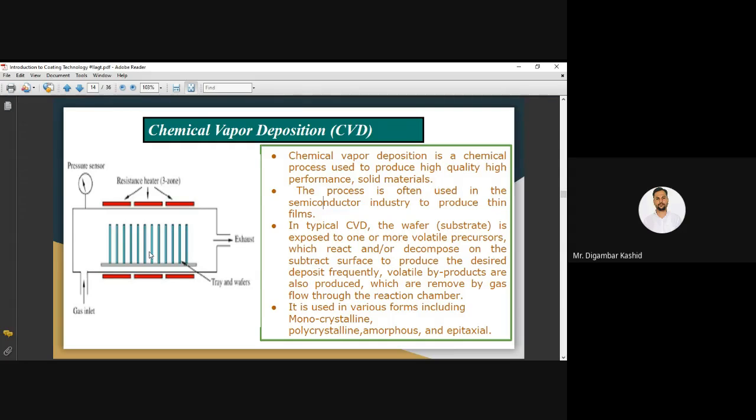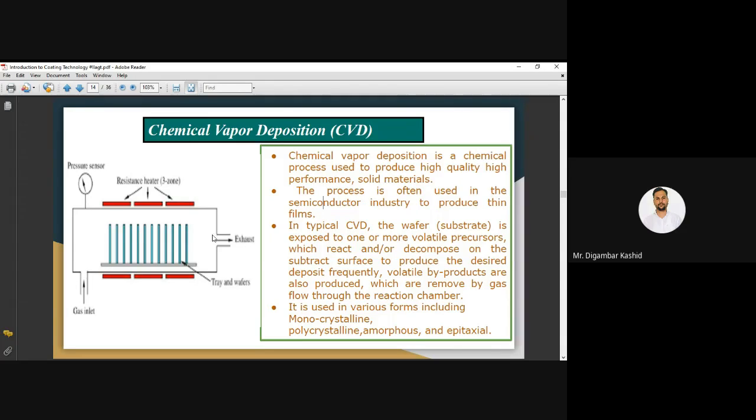Whatever additional volatile byproduct is produced, we can remove by gas flow through the reaction chamber. To get that gas, we have a gas inlet.